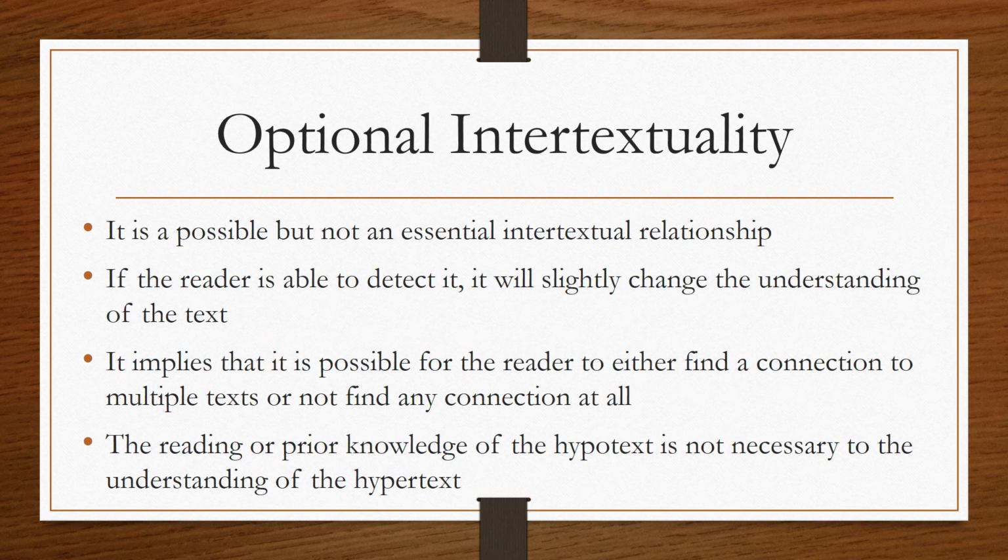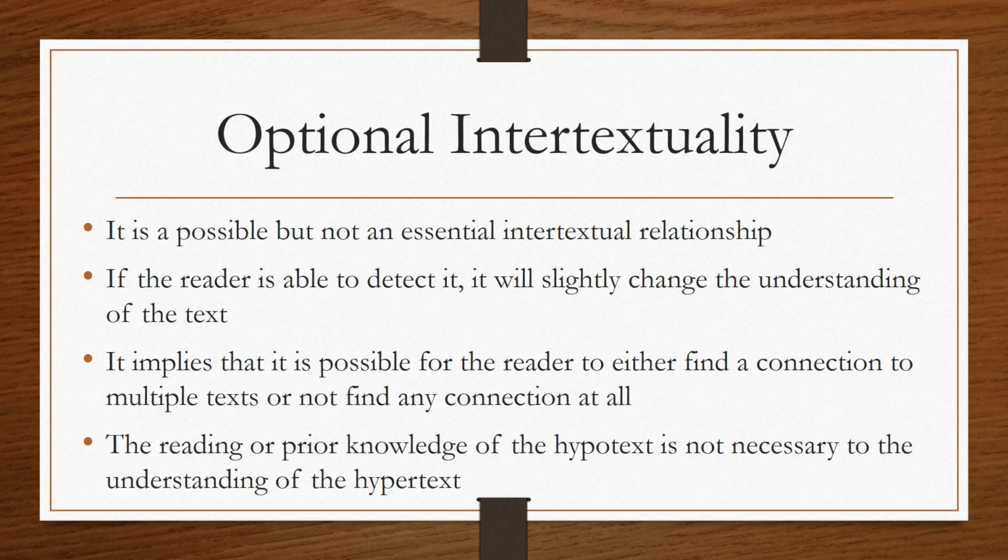Optional intertextuality. From the name itself, we can understand that this type of intertextuality is optional. A reader may or may not be able to establish an intertextual connection between two texts. Therefore, it is a possible intertextual relationship and not an essential one.